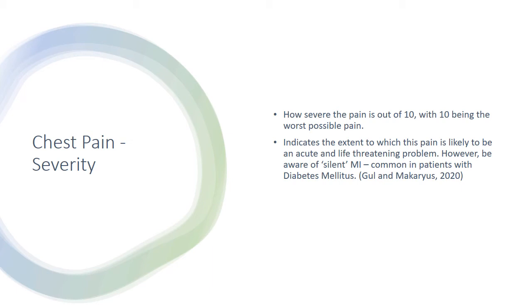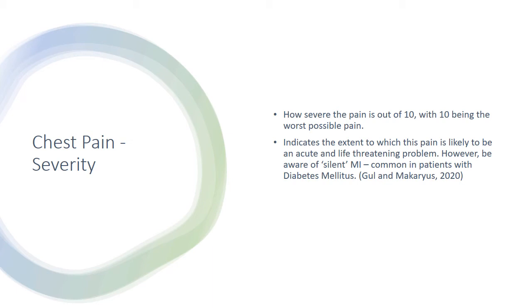If the pain scores closer to 10, then we're more likely to take it quite seriously, and that's going to shape our suspicions toward ACS, for example, or even we might get severe pain in pulmonary embolism or some pneumonias as well.